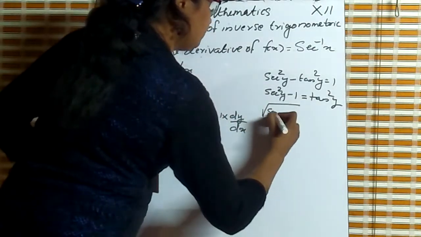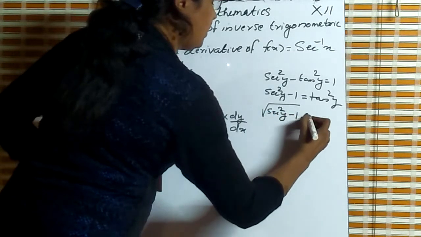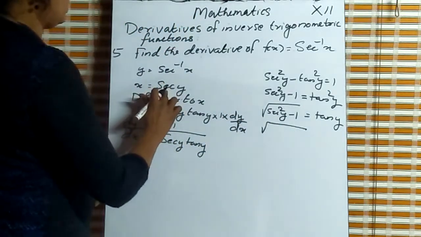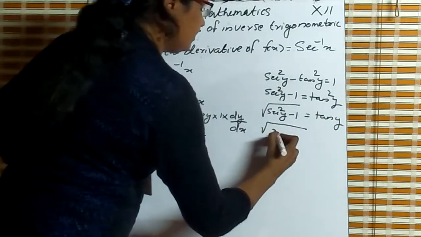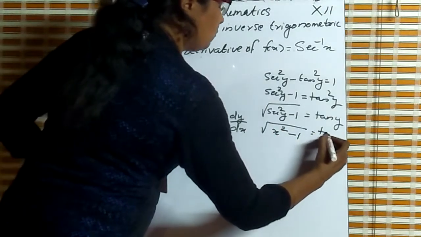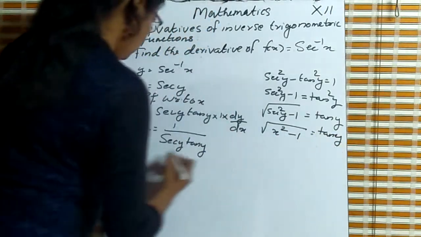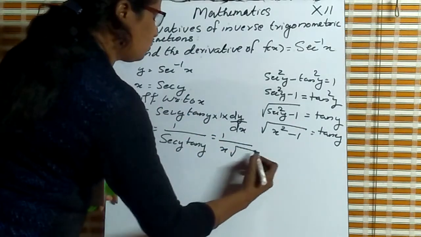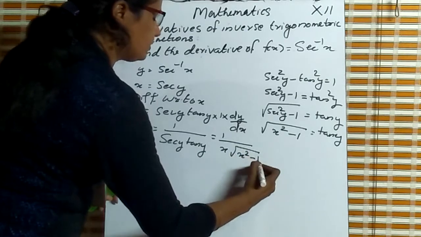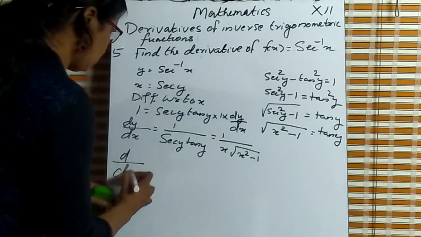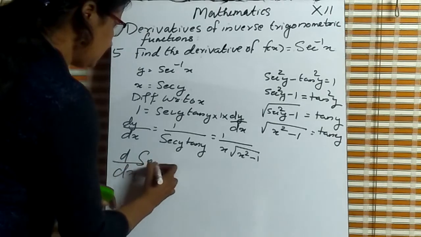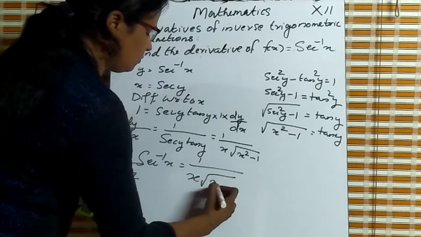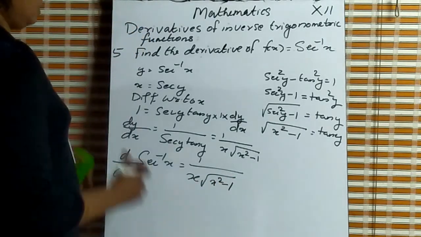Square root of sec square y minus 1 is equal to tan y. Sec y whole square, so x square minus 1, root of it is equal to tan y. Substitute the values: 1 by sec y, x into root of x square minus 1. That means d by dx of sec inverse x is equal to 1 by x into root of x square minus 1.